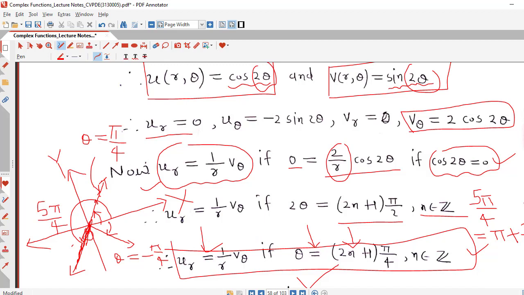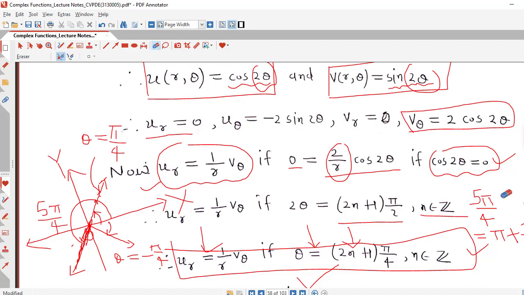Similarly, if I consider n equal to 3, then I will obtain 7 pi by 4.